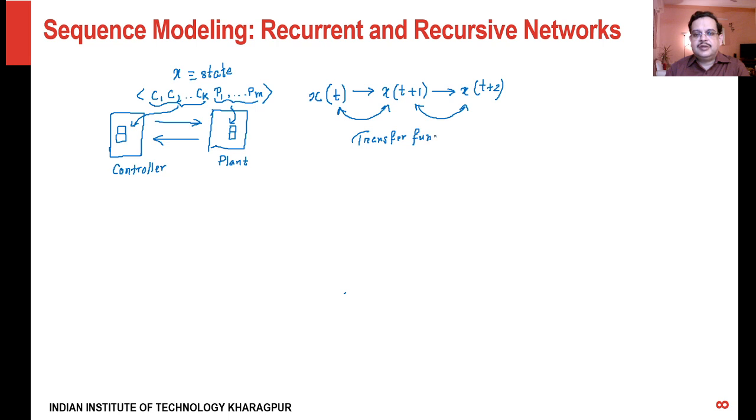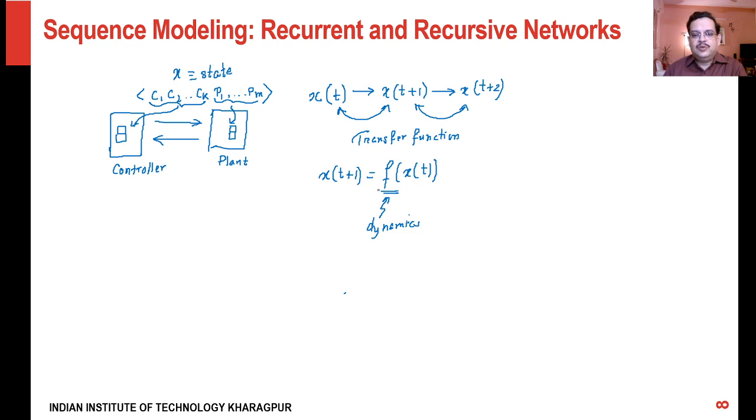It tells us xt plus 1 as some function of xt. So this is the dynamics of the system. This could be, for example, in a time varying system, a set of differential equations over the variables in x, which defines how those variables change as they evolve with time.